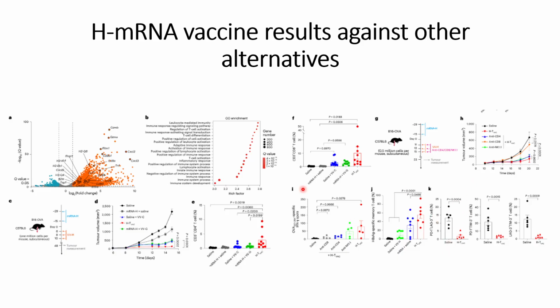So all these results indicate that these H-mRNA vaccines function with better efficacy and are able to suppress the tumor volume compared to the other antigens they tested in their studies. So that's all for this video, and if you want to understand more about these experiments in detail, you can go through the reference provided in the description. Thank you for your time.